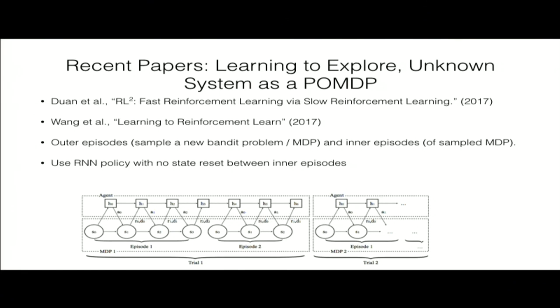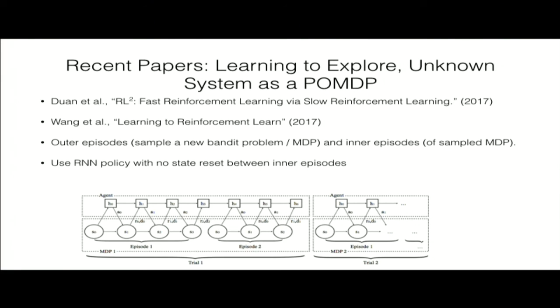So by sampling your inner MDP from some distribution, you can actually learn the policy that behaves optimally. Here we're really taking the idea seriously that this problem where you have an unknown MDP is itself a POMDP, where your belief state is getting updated over time.